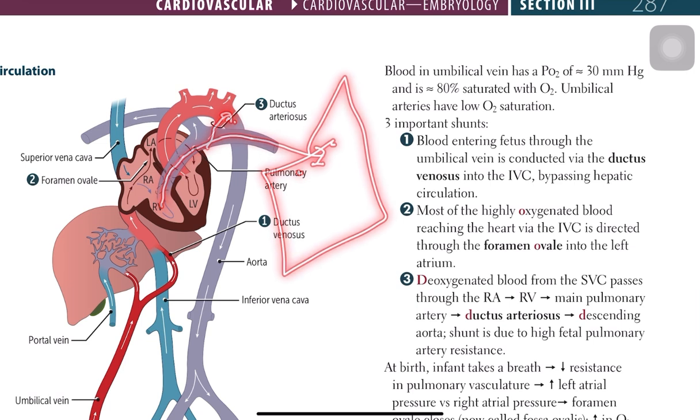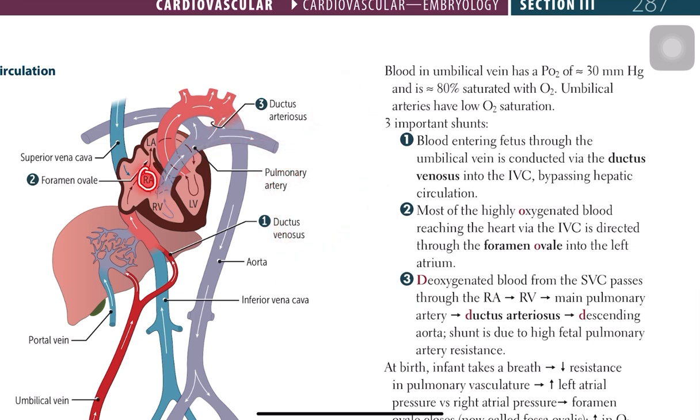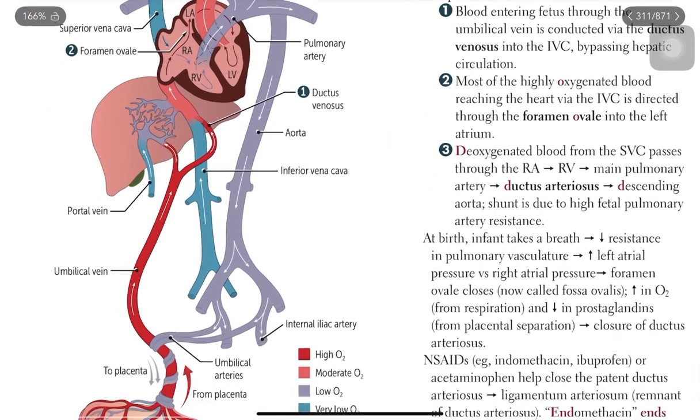Here, the pressure of the left atrium would increase drastically as the baby comes out of the mother's womb. This increased pressure pushes the septum primum against the septum secundum, so that the foramen ovale closes. If this path is closed, the blood would easily enter into the lungs.